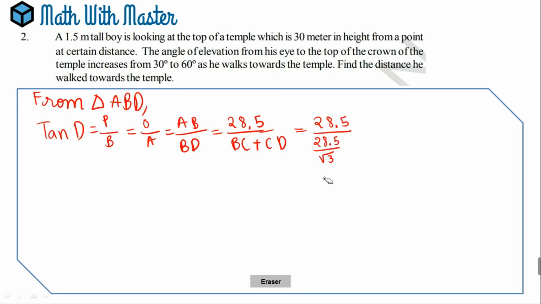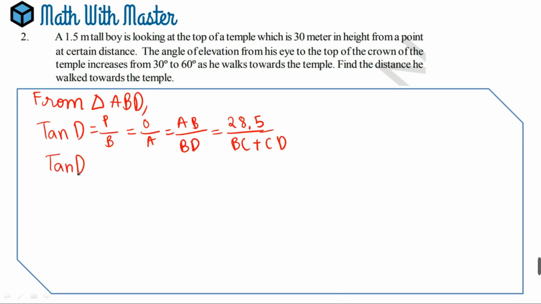Now we will not put the value of it, we will let it just be BC plus CD for now. So tan D is equal to 28.5 upon BC plus CD.